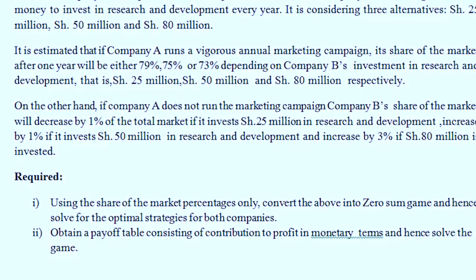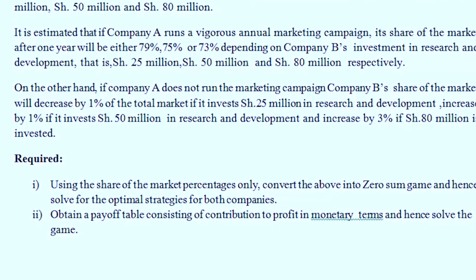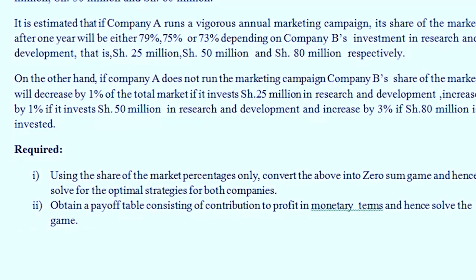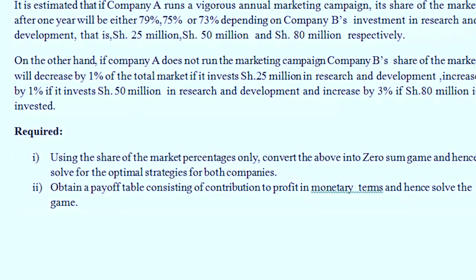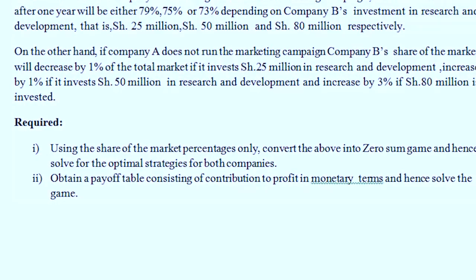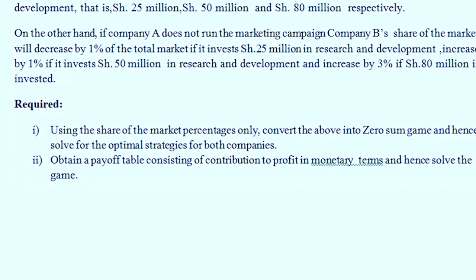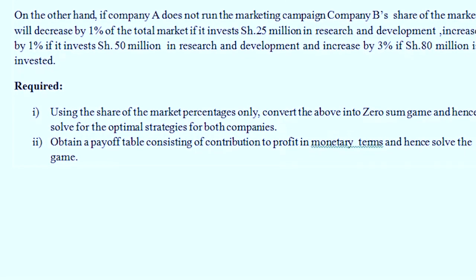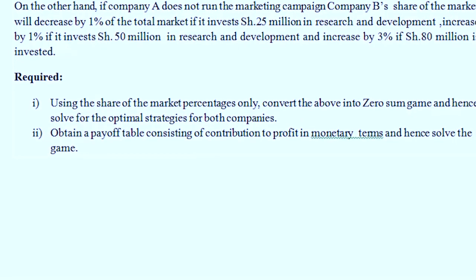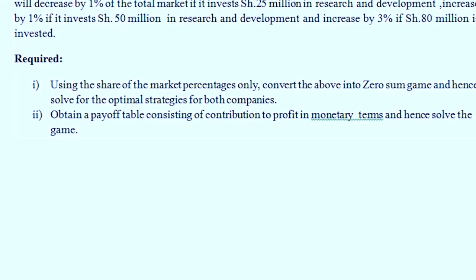On the other hand, if Company A does not run the marketing campaign, Company B's share of the market will decrease by 1% of the total market if it invests shillings 25 million in research and development, increase by 1% if it invests shillings 50 million in research and development, and increase by 3% if shillings 80 million is invested.